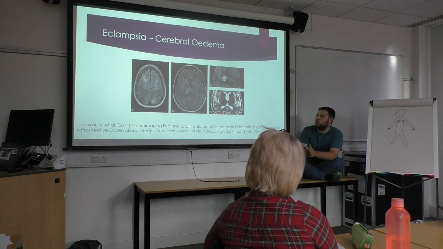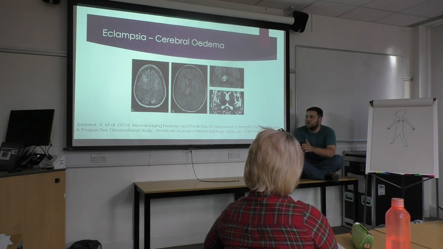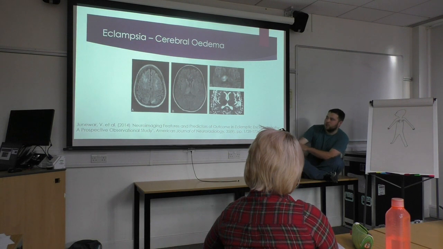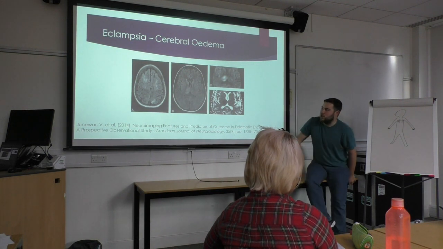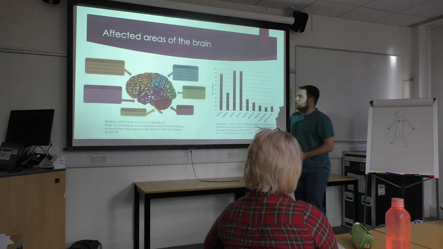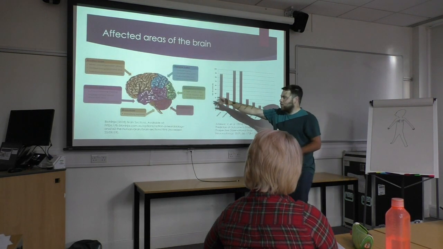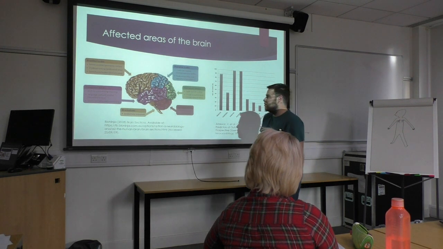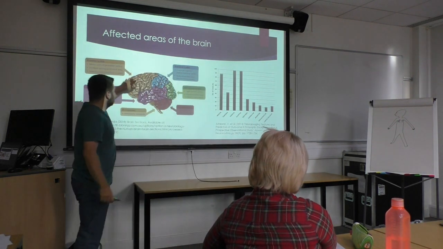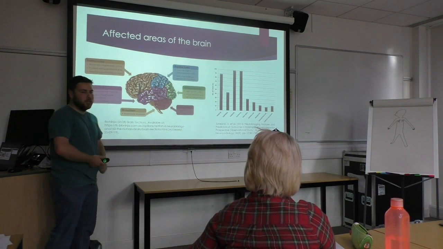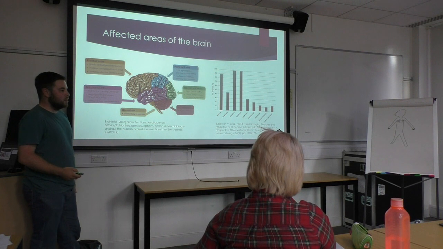So this cerebral edema that we were talking about tends to come out in the back part of the brain. This is getting into neurology here, so don't worry, you don't have to take all of it in. We've got these front bits which do all of your movements and your thinking, like your maths and stuff.